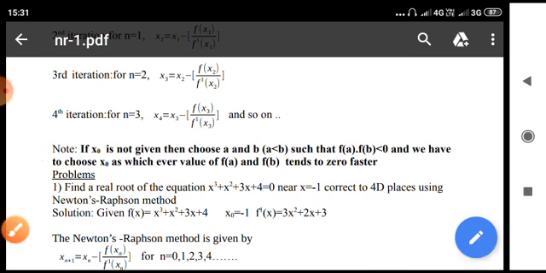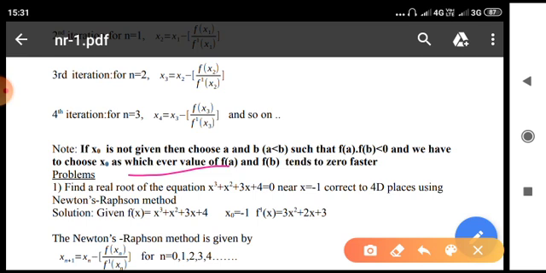And we have to choose x0 as whichever value of f(A) or f(B) tends to 0 faster. Suppose f(A) tends to 0 faster, then we will take x0 as A. Suppose f(B) tends to 0 faster, then we take B as x0.